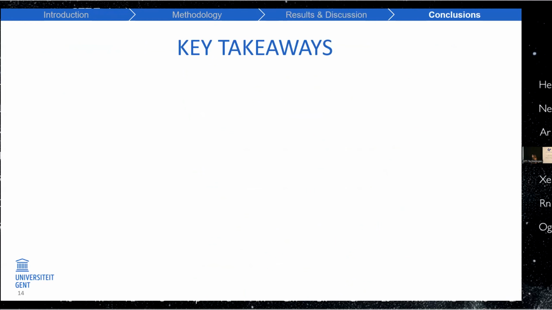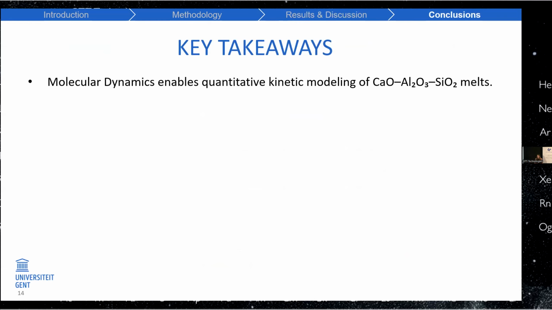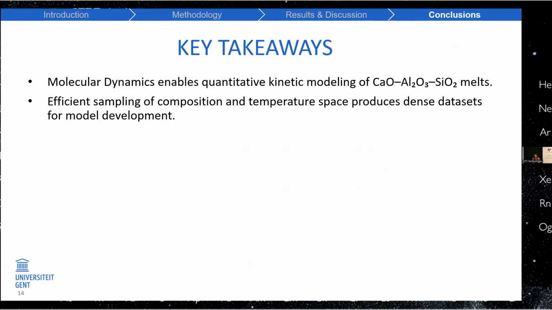So I'll end with the key takeaways of my presentation. Molecular dynamics, we really believe, can enable quantitative kinetic modeling of these ternary melts. It also allows efficient sampling of the composition and temperature space to produce dense data sets for model development.